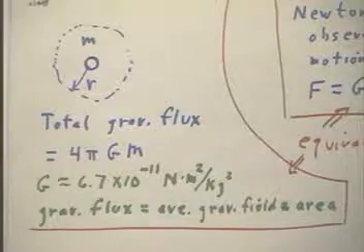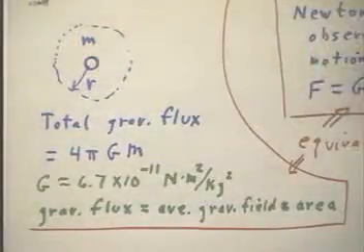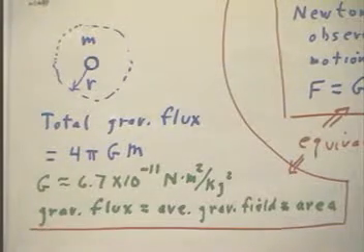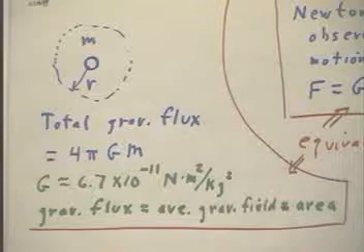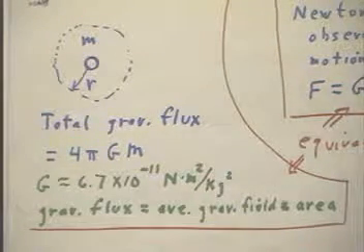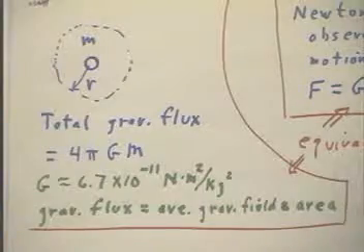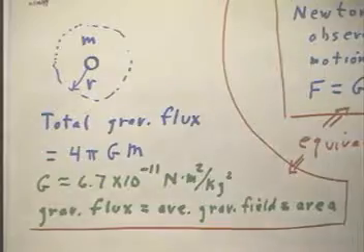just like a light bulb emits a flux of energy in the form of light, photons streaming out, and if it's a point source of light, it emits energy equally in all directions. A gravitational flux can be thought of by analogy with that.